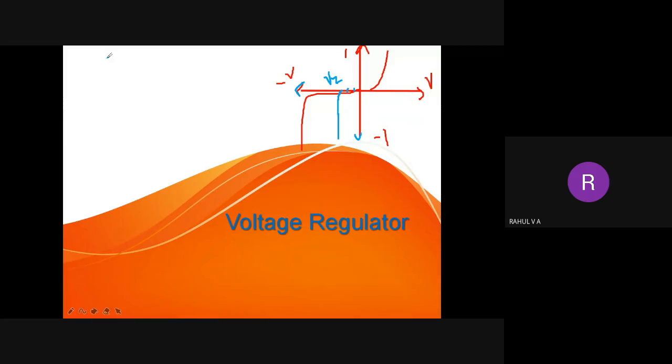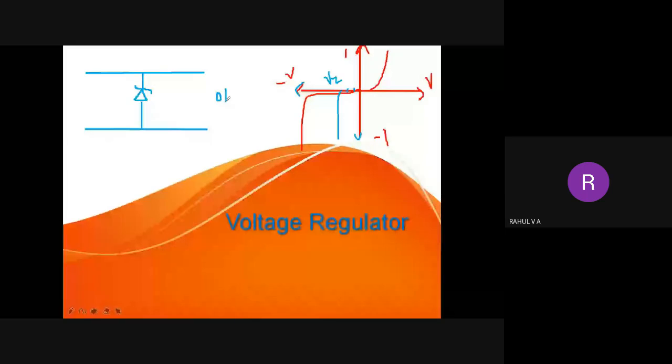Now, let us draw the circuit diagram. Assume that a Zener diode is connected. I'm neglecting the current limiting resistance and all; I'm drawing only the Zener diode. So this is your output terminal. This is your input terminal.